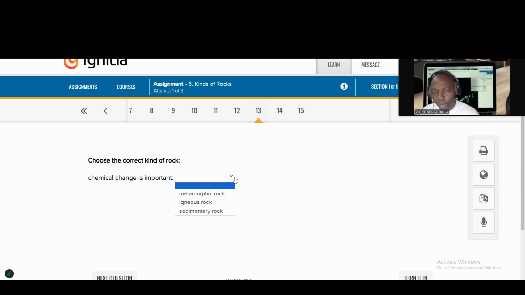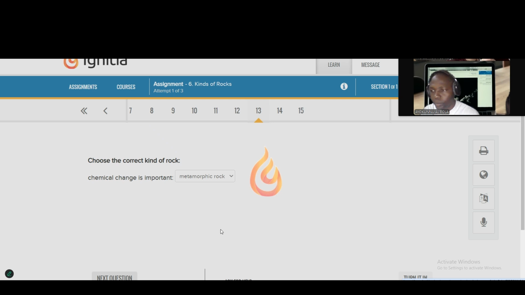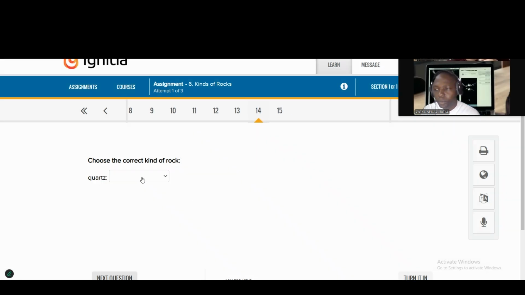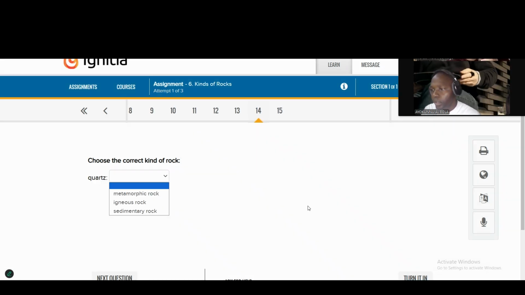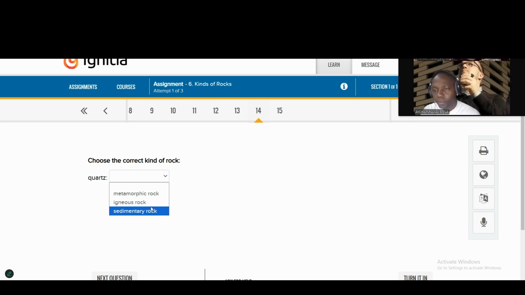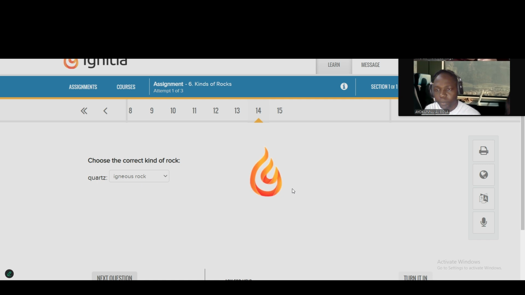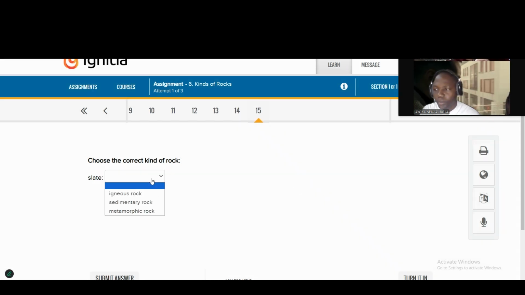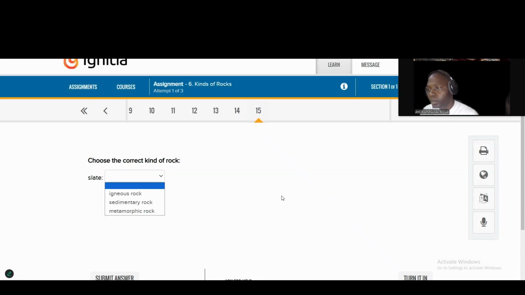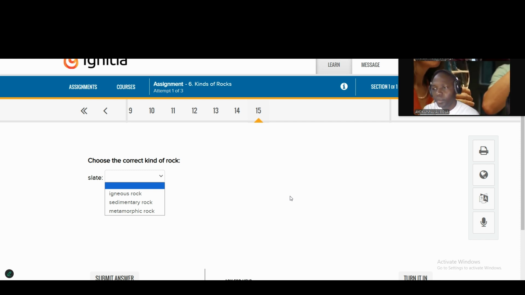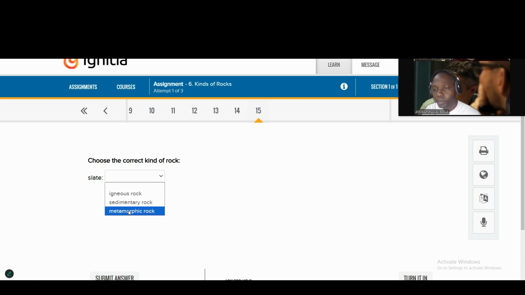In metamorphic rock. Quartz is which type of rock? That's igneous rock. Take note. And slate, yes, metamorphic.